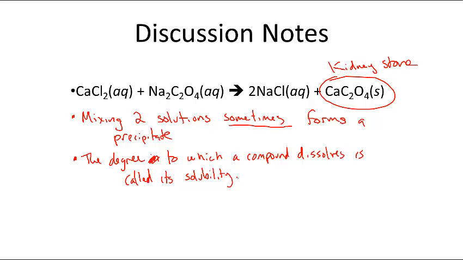Some, like calcium oxalate, have a very low solubility, like wicked low. So not much will dissolve. So if you put solutions of calcium chloride and sodium oxalate together, the calcium and the oxalate will bond and form a solid because it has such low solubility.